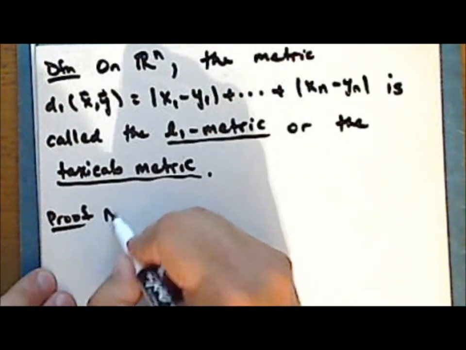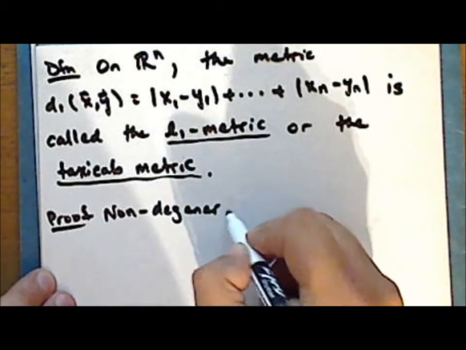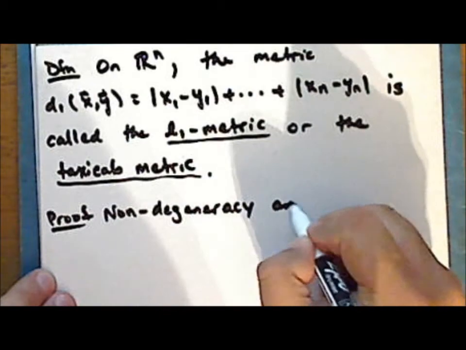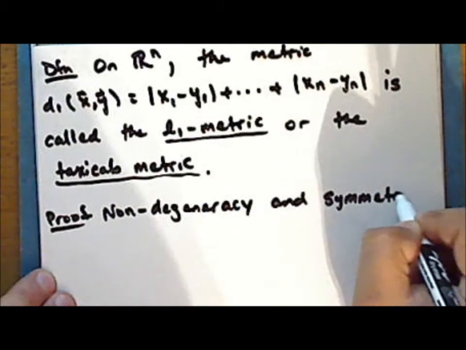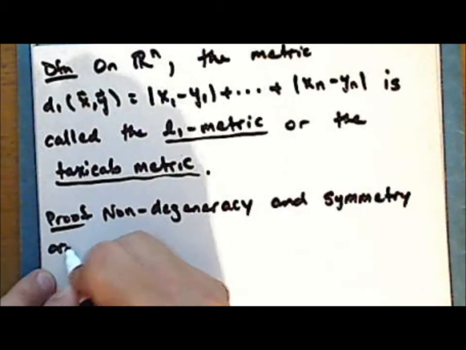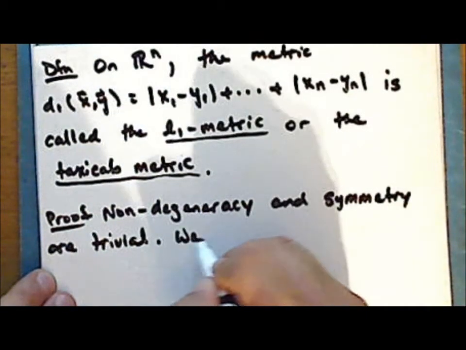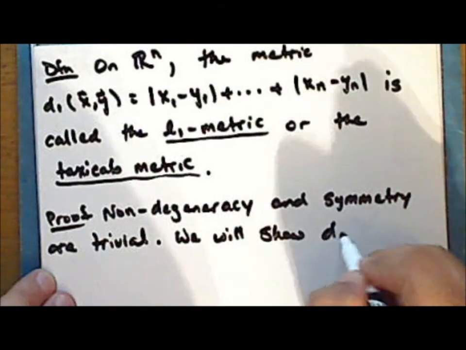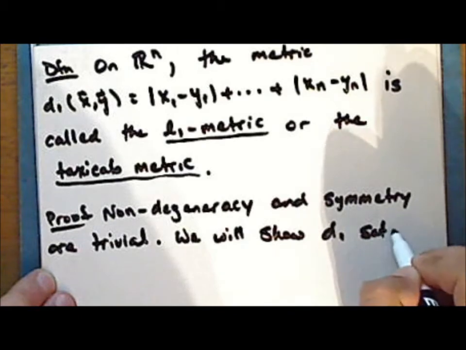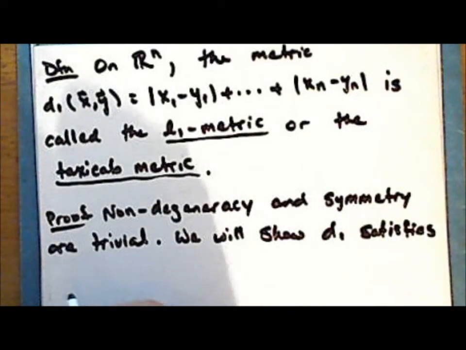Once again, non-degeneracy and symmetry are trivial. We will show that d sub 1 satisfies the triangle inequality.